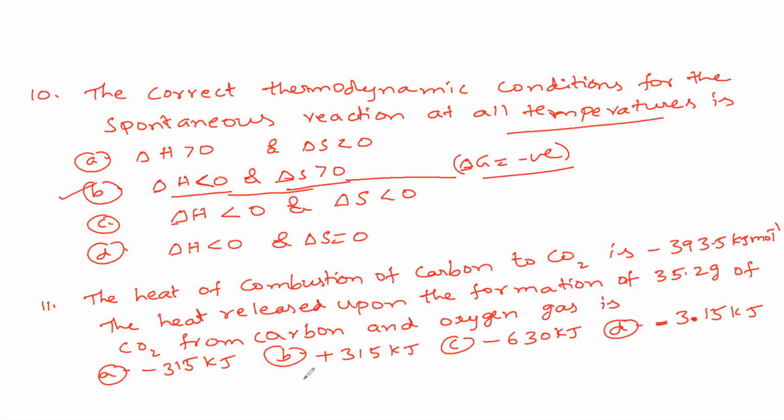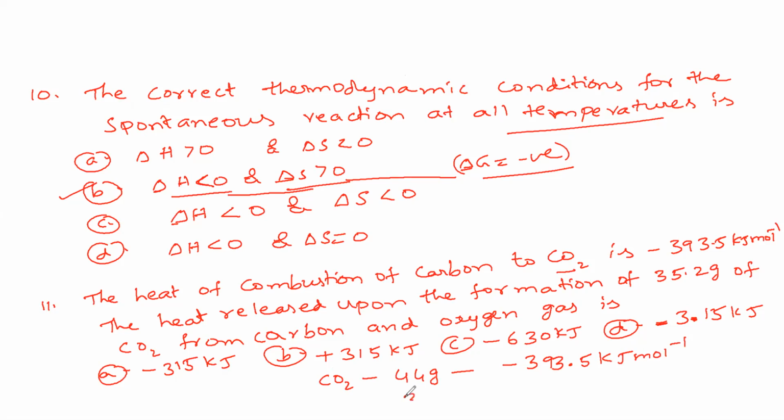It's very simple. What is the molecular weight of carbon dioxide? Carbon dioxide molecular weight is 44 grams. So 44 grams, 1 mole of carbon dioxide, is giving minus 393.5 kilojoules per mole.